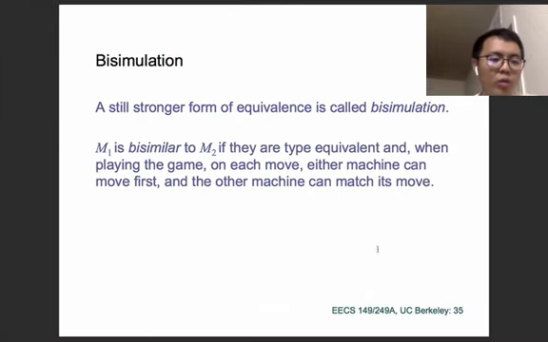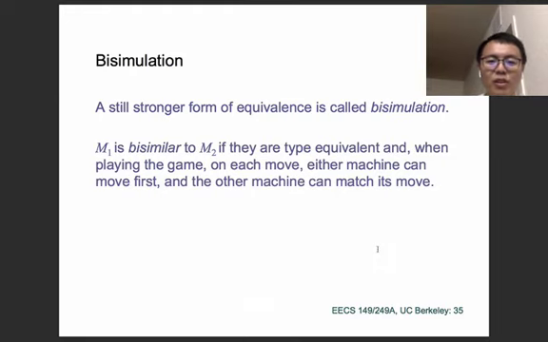So at last, we will go into the key idea of bisimulation. It's a stronger equivalence than language equivalence. M1 is bisimilar to M2 if they are type equivalent, and when playing the game, on each move, either machine can move first and the other machine can match its move. This is very subtle. Please focus on this: on each move.